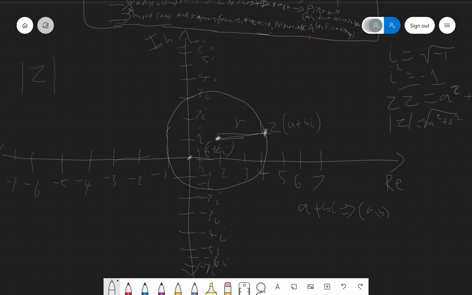Now we can use the distance formula, but in a different way. So we're looking for all the points, right?